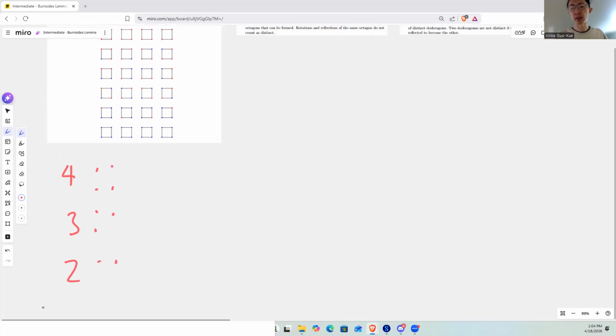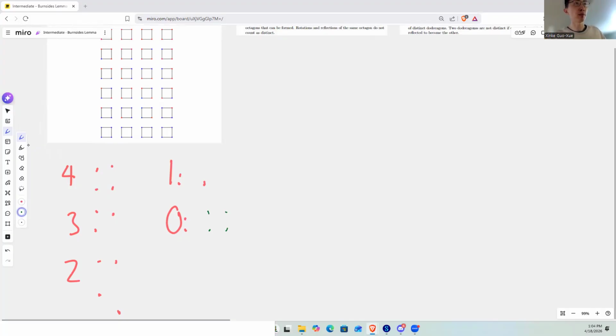They could be either adjacent corner-wise or diagonal from each other. We could have one red, in which case there's just one way. Or we could have zero reds, in which case all of them are blue. So okay, we get six.